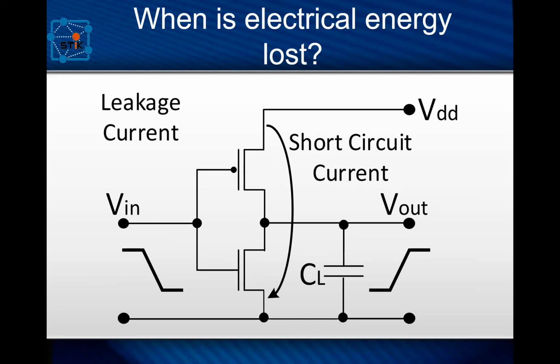So this is the first group of methods for reducing electrical energy consumption, re-engineering. The second place where electrical energy is lost in semiconductor circuits is switching current in transistors. The faster the transistor switching occurs, the greater the energy loss in this manner. This is due to transistor imperfections and interjunction capacitances.